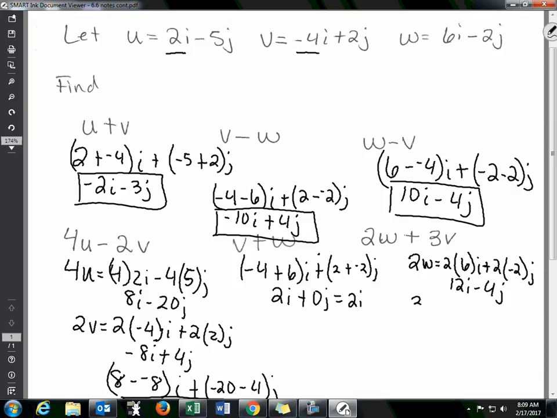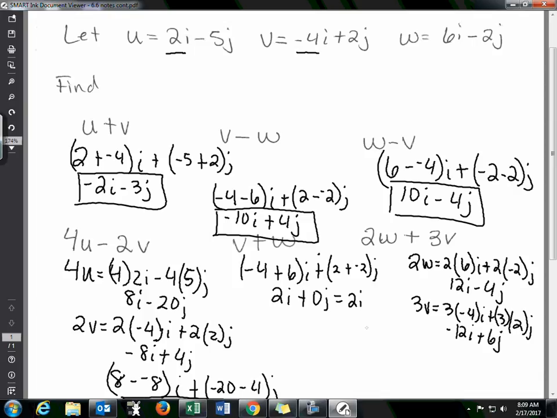And then 3v equals 3 times negative 4i plus 3 times 2j. So now that's negative 12i plus 6j.